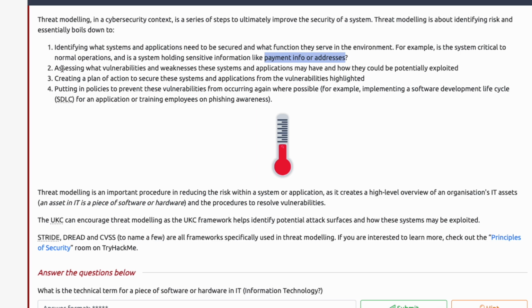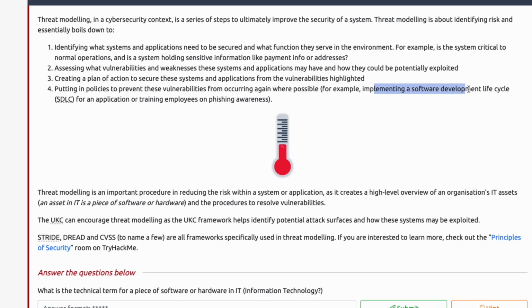Next, assessing what vulnerabilities and weaknesses these systems and applications have and how they could potentially be exploited. Then creating a plan of action to secure these systems, and putting in policies to prevent these vulnerabilities from occurring again, if possible.